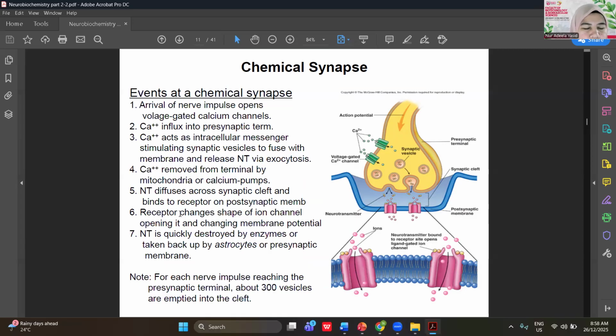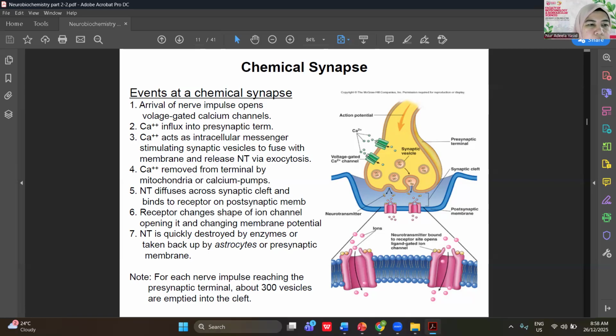Starting from the arrival of the nerve impulse, calcium influx, then the release of neurotransmitter, calcium removal, diffusion across the synaptic cleft, receptor activation, and also termination of neurotransmitter action.